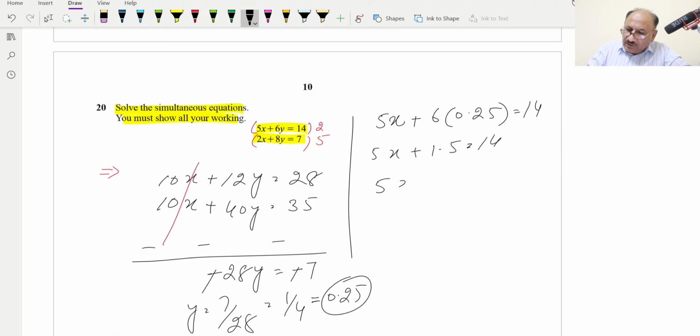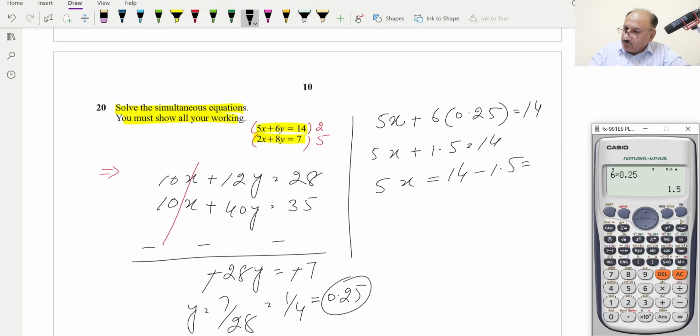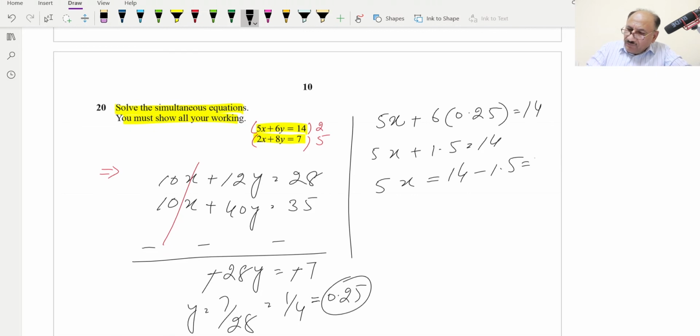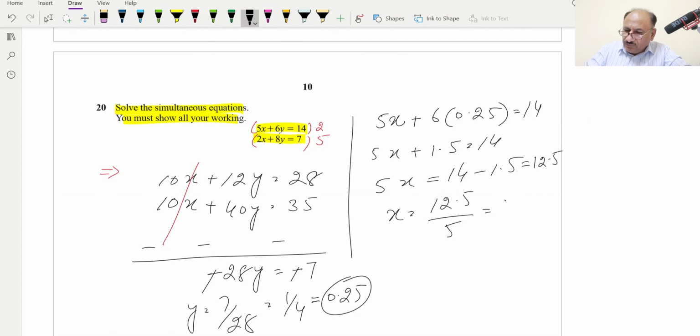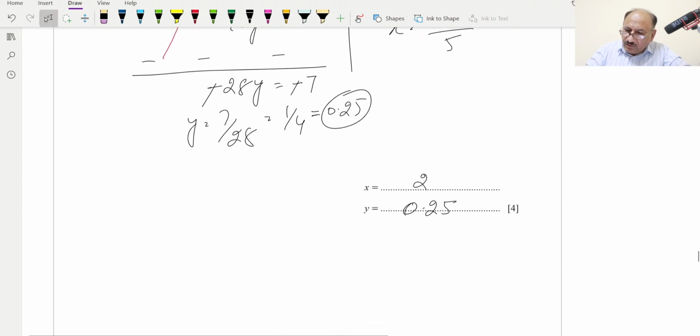So 5x is equal to 14 minus 1.5, and this will be equal to 12.5. So x will be equal to 12.5 divided by 5, and 12.5 divided by 5 will be equal to 2.5. So x value will be 2.5, and our answer will be 2.5 over here, which is done.